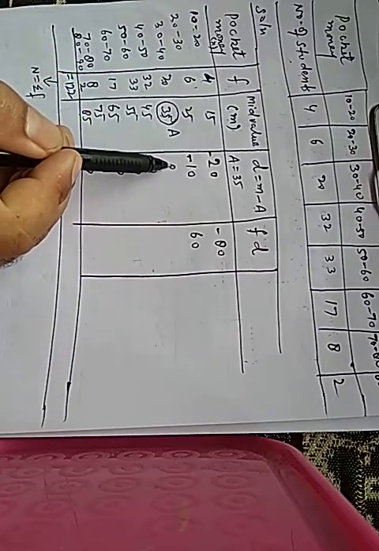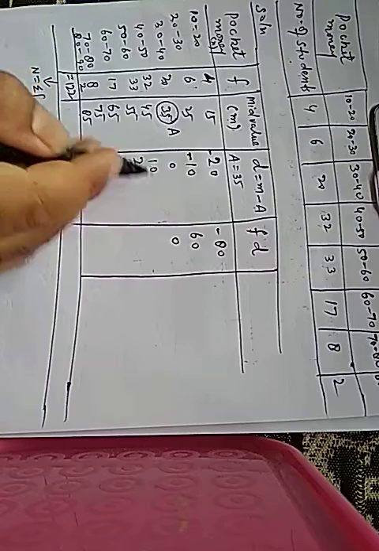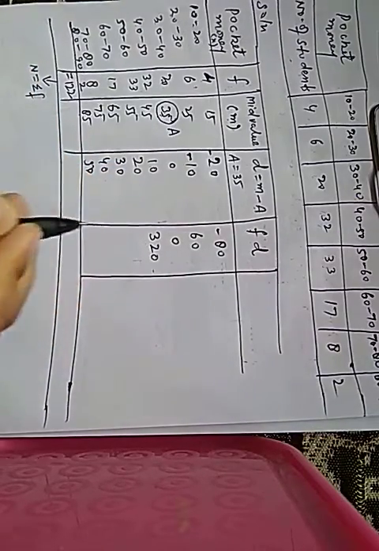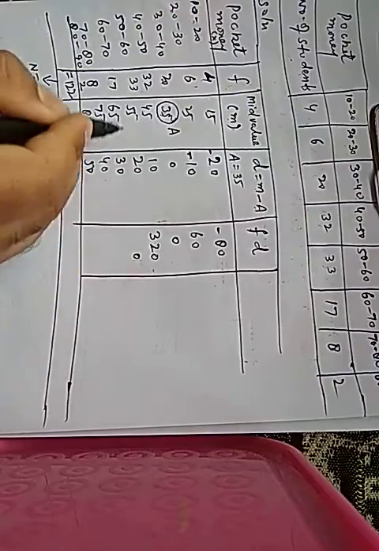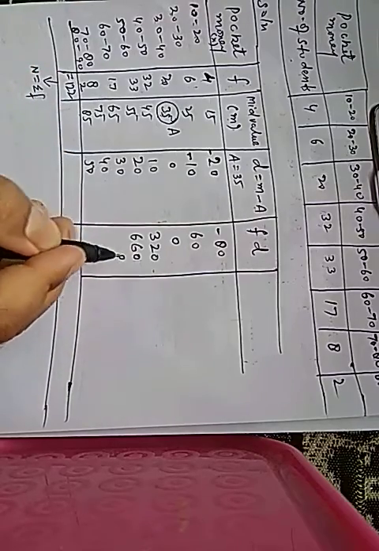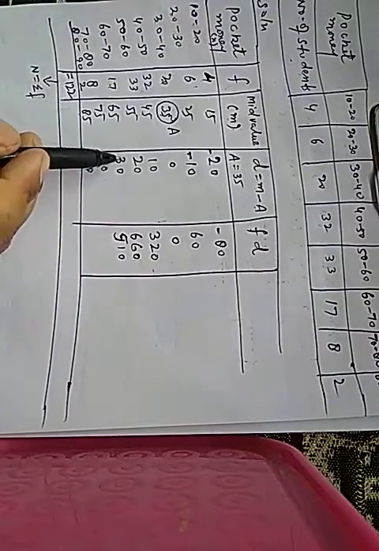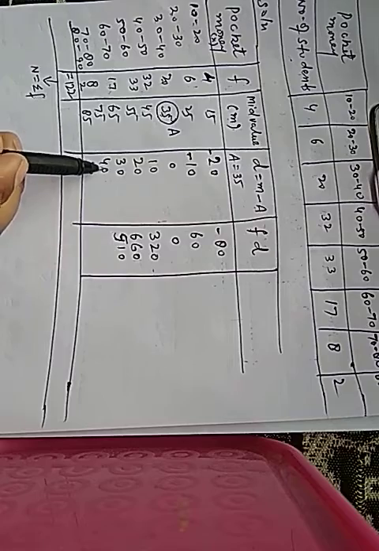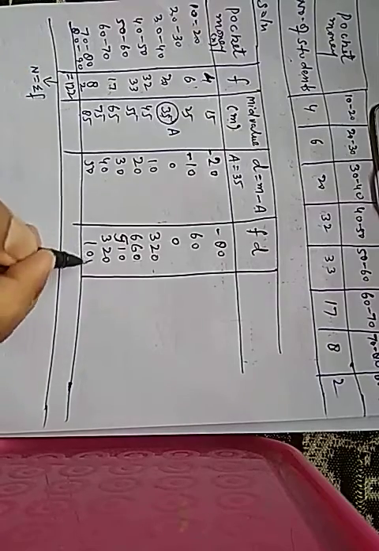Frequency is 20 and D is equal to 0, 20 multiplied by 0 will be 0. 32 multiplied by the deviation 10 is equal to 320. 33 multiplied by 20 is equal to 660. 17 multiplied by 30 is equal to 510. 40 into 8 is equal to 320. And 2 into 50 is equal to 100.